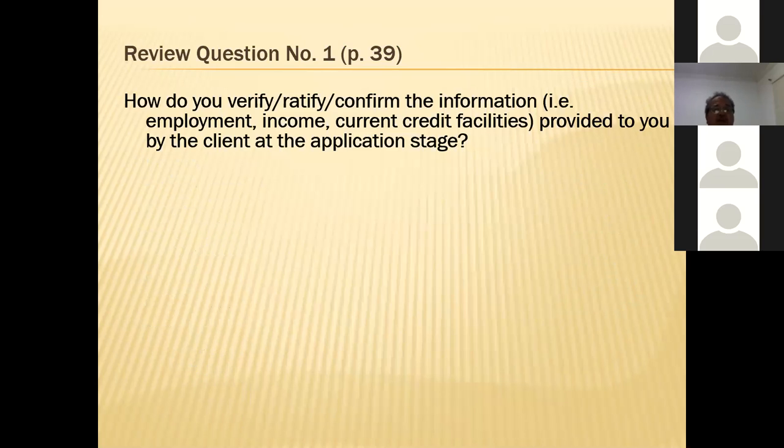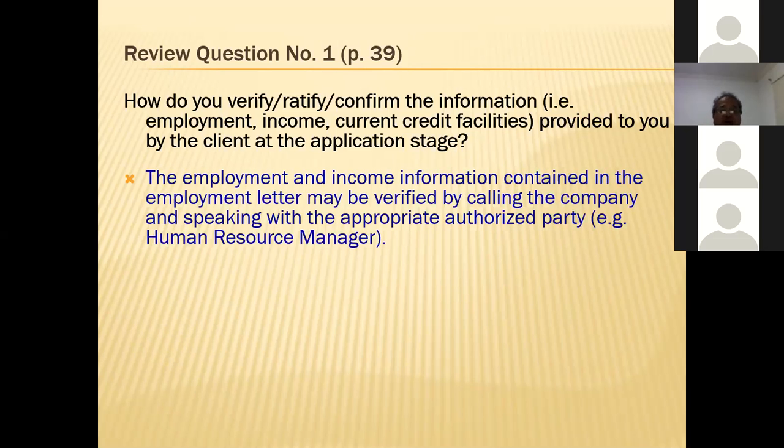With regard to question number 1 on page 39, as part of this PowerPoint presentation, I'll send a breakdown of the answer, although you'll not have this type of question in the exam. It says, how do you verify or confirm the information, employment, income, current credit facilities, provided to you by the client at the application stage?